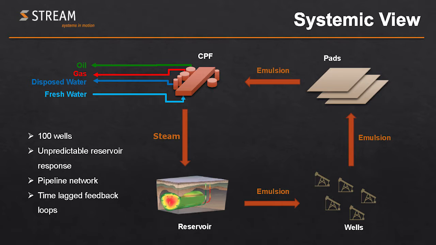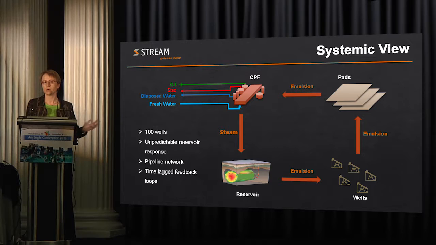So you want to optimize your capital by having a centralized unit to deal with all the steam and all the oil that's coming back out of the ground, but then you need to distribute it and cover the whole reserve. So it's like a huge distribution system, steam in, and what comes back out of the well is a mixture of oil, gas, water, as well as a bit of sand and some salts. So it's kind of how do you optimize the capital? So lots of stuff running around.